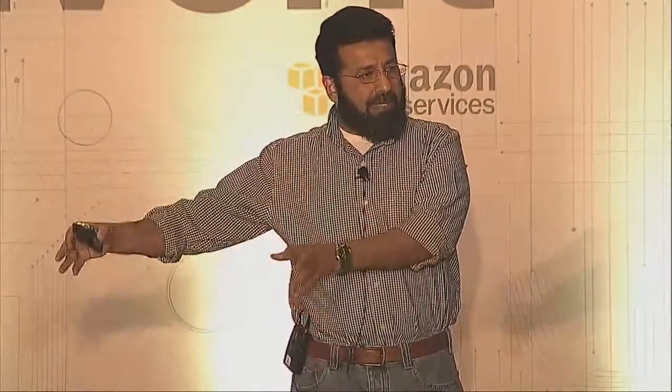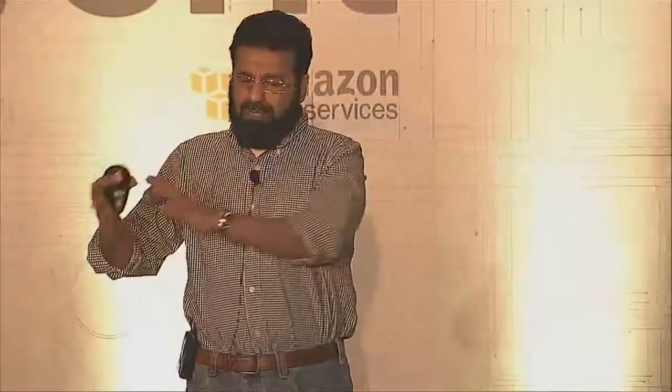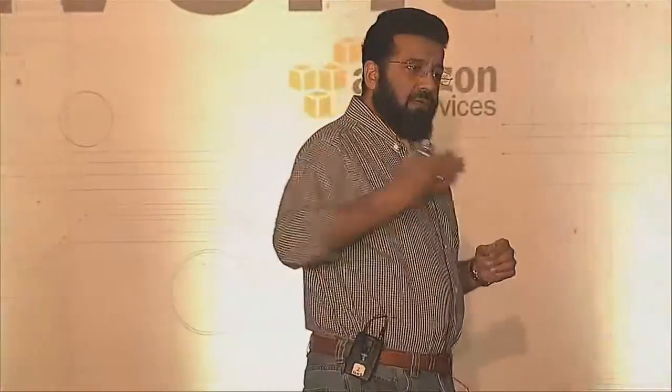Golden Gate is again something a lot of people ask us about for real-time replication. Even when people want to use RDS as the reporting instance or a DR instance, or a geo-redundant instance, something like that, we want to keep the data in your production instance in sync with the RDS instance, right? The best way to do that is using some tool that'll move data in real time.